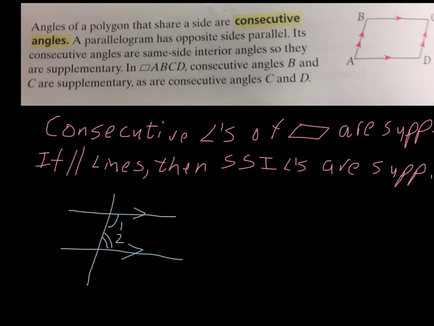And the same thing if the left side is parallel to the right side, well, then you know angles 3 and 4 are going to be supplementary as well. Why? If parallel lines, then same side interior angles are supplementary. That's like angles B and C in our parallelogram. So hopefully you can understand that consecutive angles of a parallelogram are supplementary.